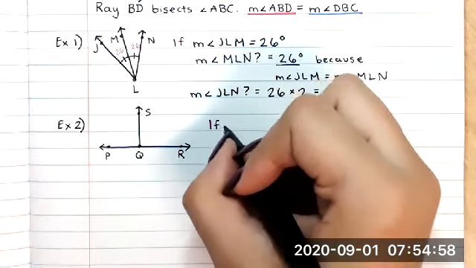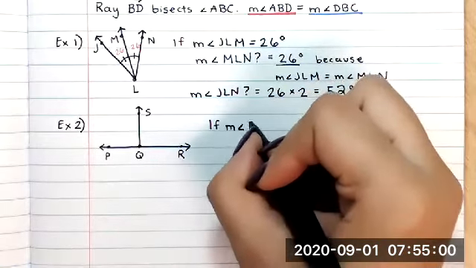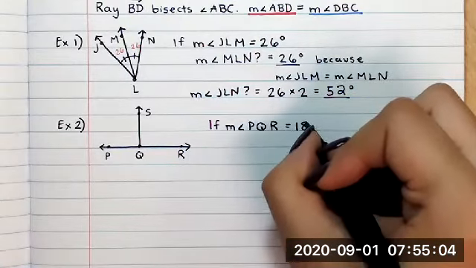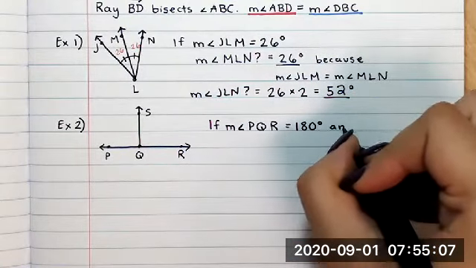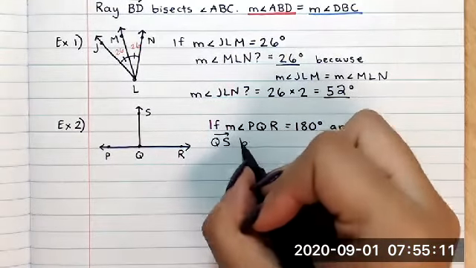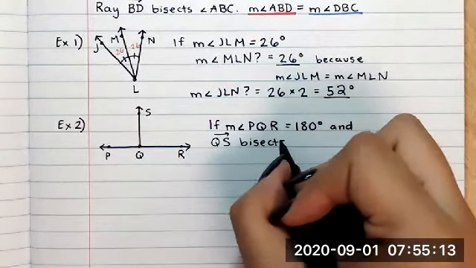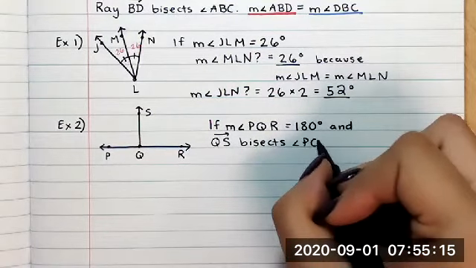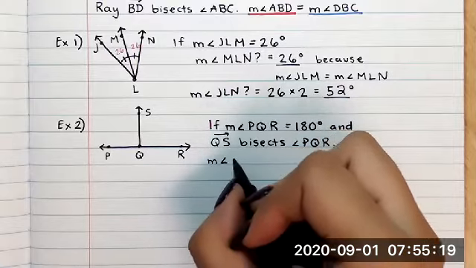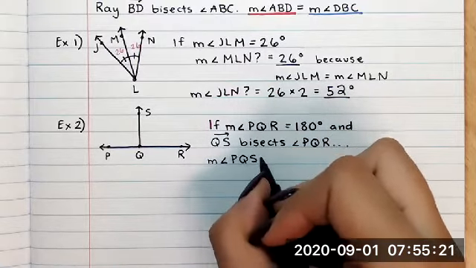So if the measure of angle PQR is 180 degrees, and ray QS bisects angle PQR, what is the measure of angle PQS?